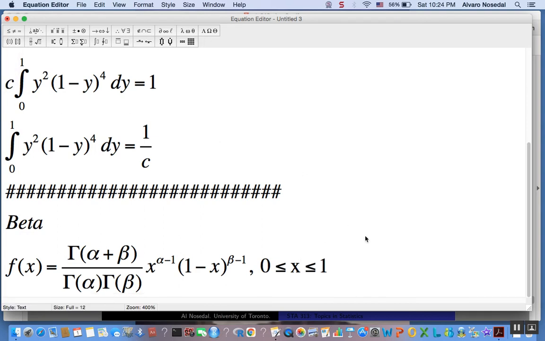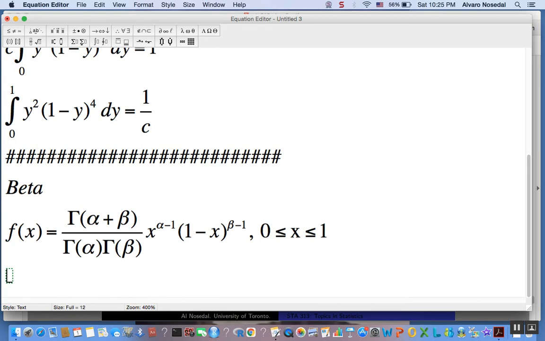Okay? Now, remember that the gamma function evaluated at an integer n is going to be the same as n minus 1 factorial. So let me remind you about that.